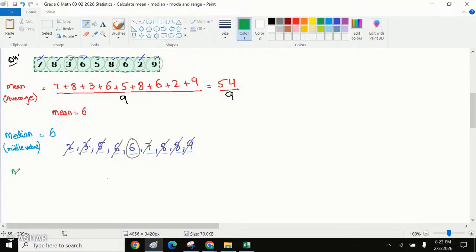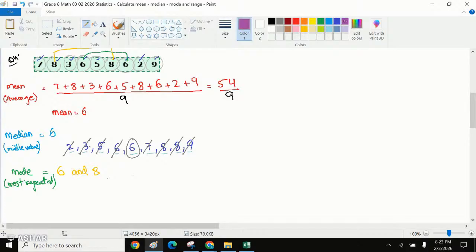What about the mode? Mode was most repeated. So which number is most repeated? We can say 6 was twice, and we can say 8 was twice, right? So we can say there are two modes, 6 and 8. They are the most repeated numbers.